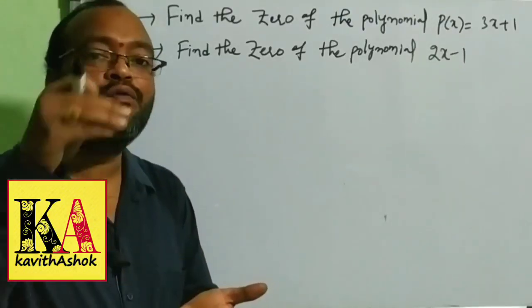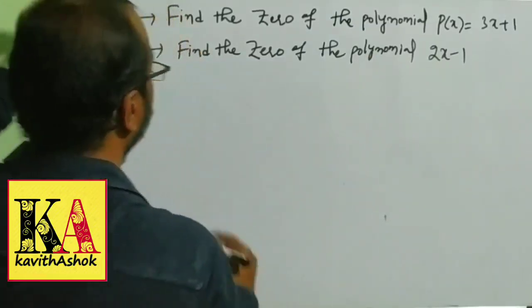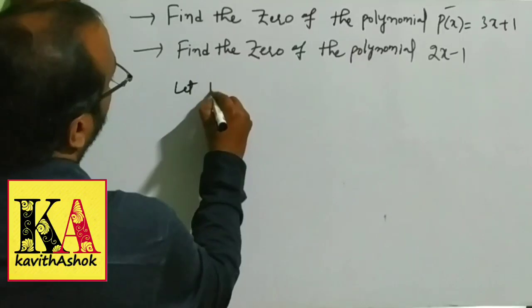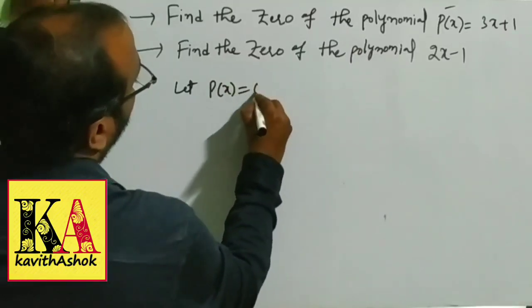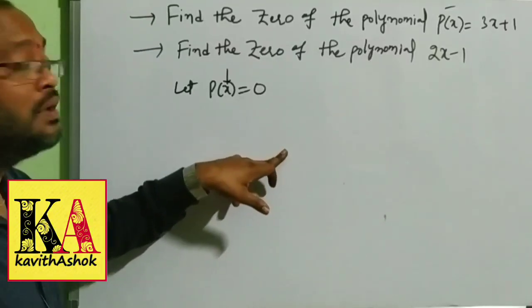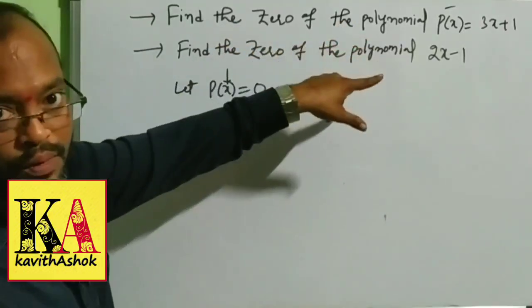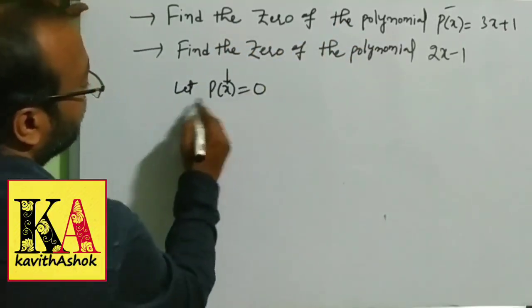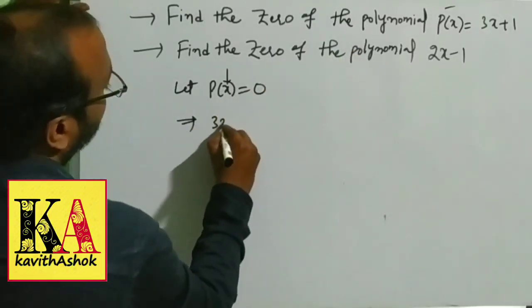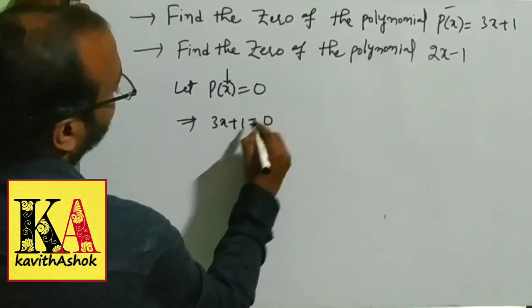The thing is here what we are substituting. So for that sake, for the first question I am taking like this, let p of x is equal to 0. Why? Because we don't know what we are substituting, but we can get the answer is 0. Why? Because it says that 0 of the polynomial, right? P of x value, let p of x is equal to 0. This implies p of x in the sense 3x plus 1 is equal to 0.